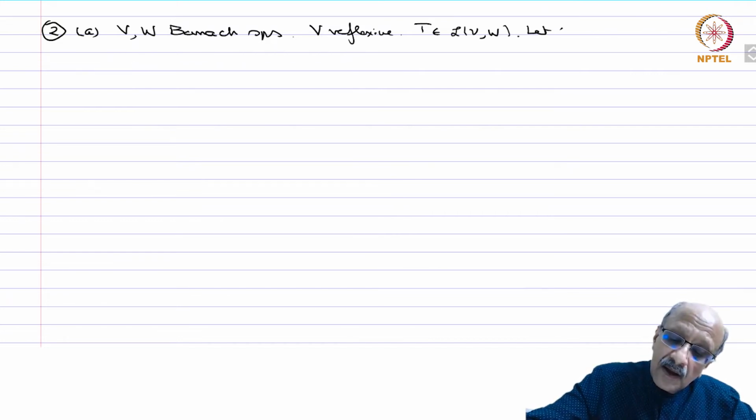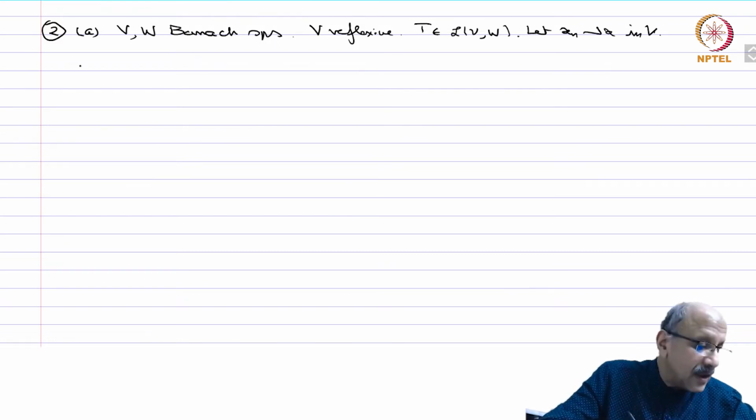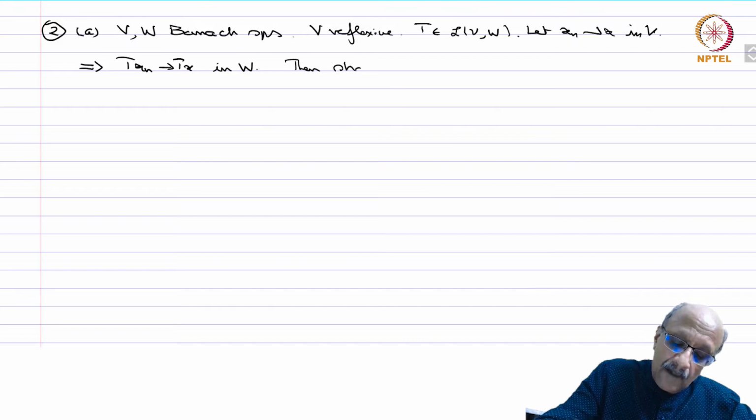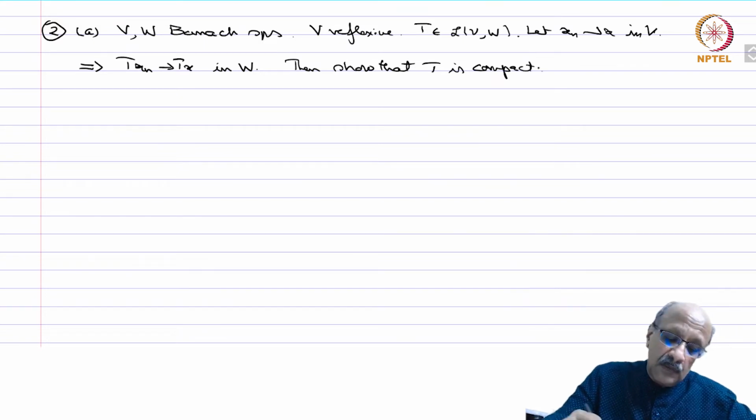Let x_n weakly converge to x in V imply Tx_n converges in norm in W. So we are making this assumption: whenever there is a weakly convergent sequence, it converts it into a norm convergent sequence. Then show that T is compact. So this is the converse of the previous problem, only we are now assuming that V has to be reflexive.